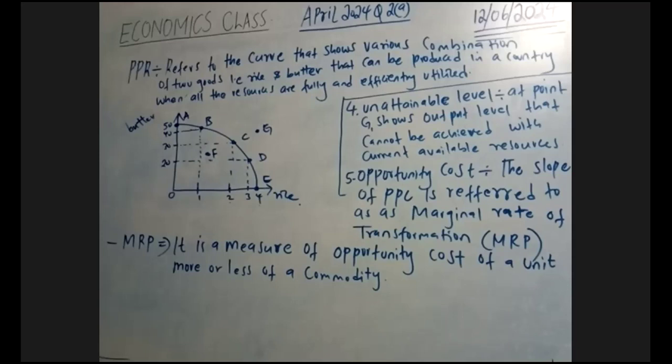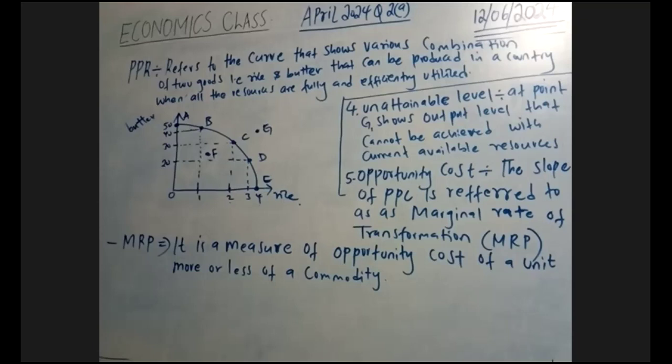At point F, the resources are not well utilized. We have the resources, but the resources are idle. Then at point G, you can talk about what we call the unattainable level. At point G, we cannot achieve that level because there is no economic growth.